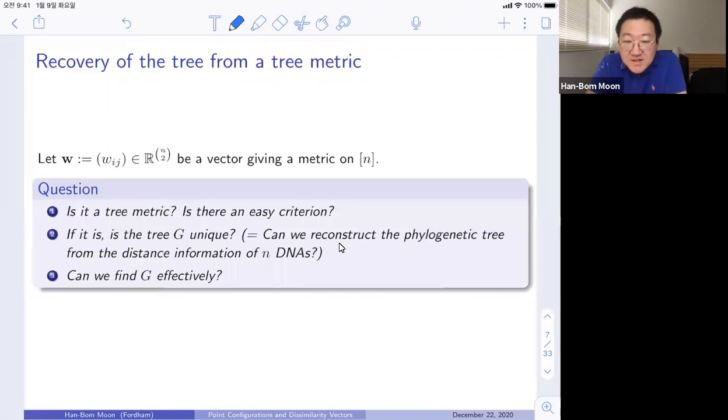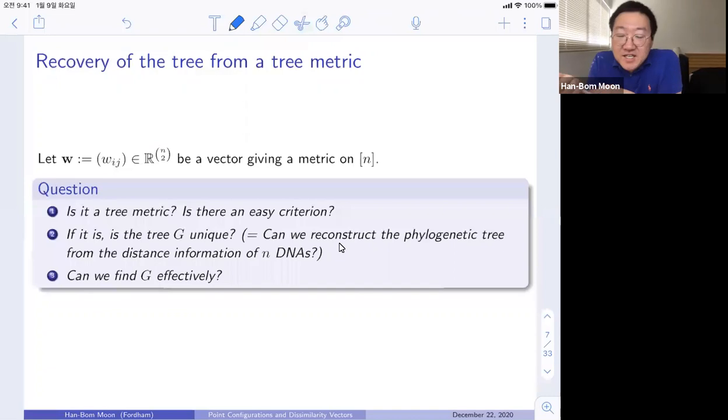And one can ask, is there any easy criteria? Can we test the question by using finitely many, for instance, algebraic conditions? This is also a very natural question. Another possible question is, suppose that it came from a tree matrix, then is the tree G unique or not?